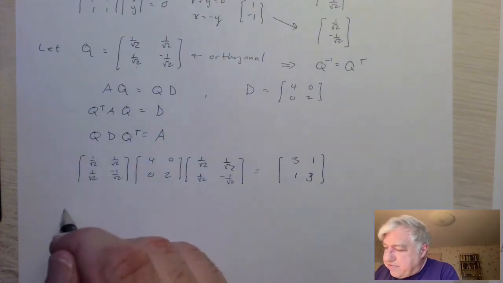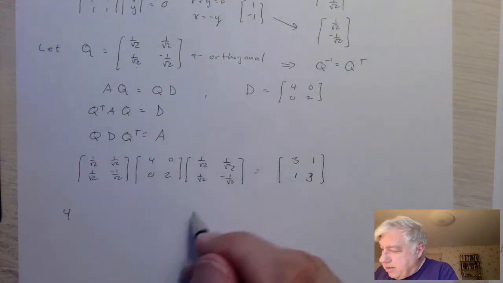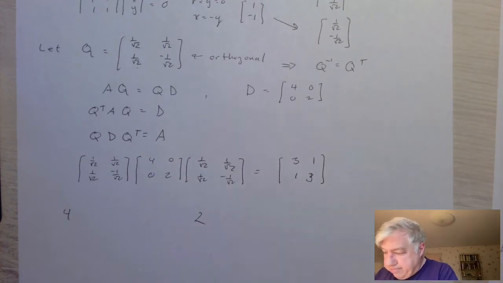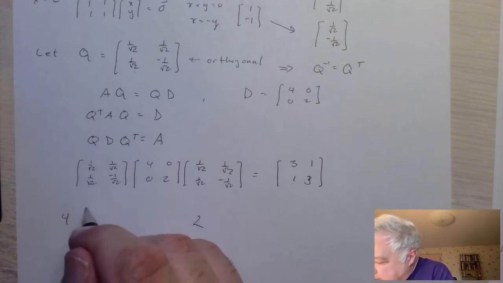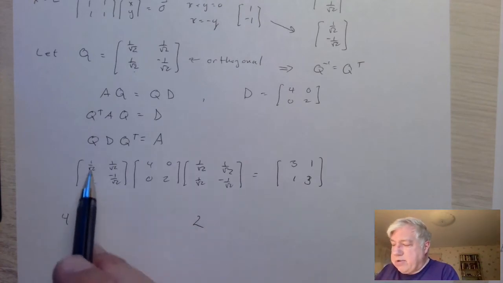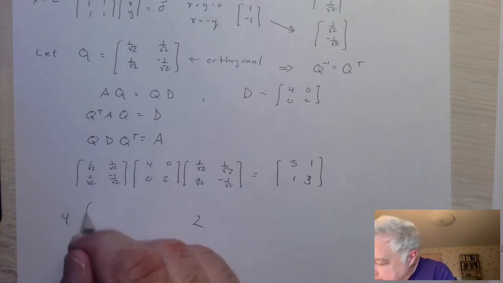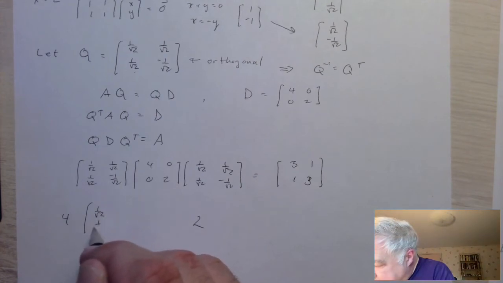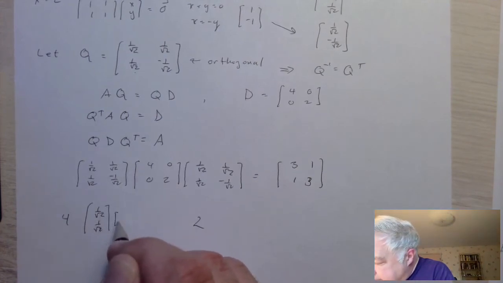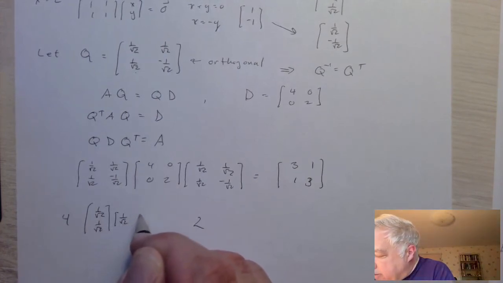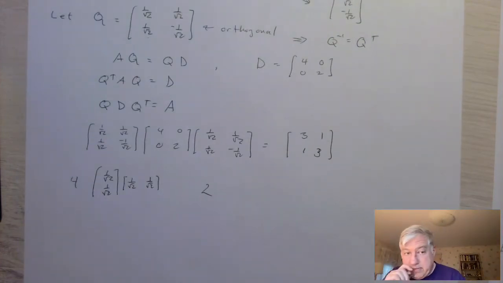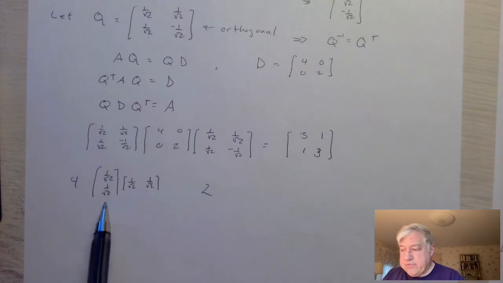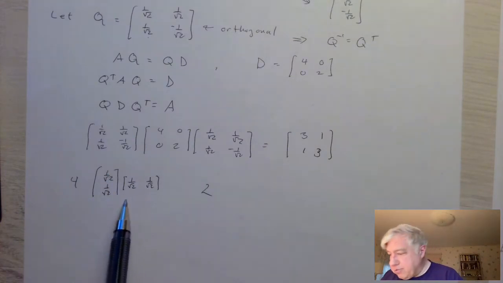We can write this as 4 times something plus 2 times something, and this will turn out to be 4 times the first column times its transpose. And I'm sorry, I don't mean dot product. This is the matrix product of the first column times its transpose.